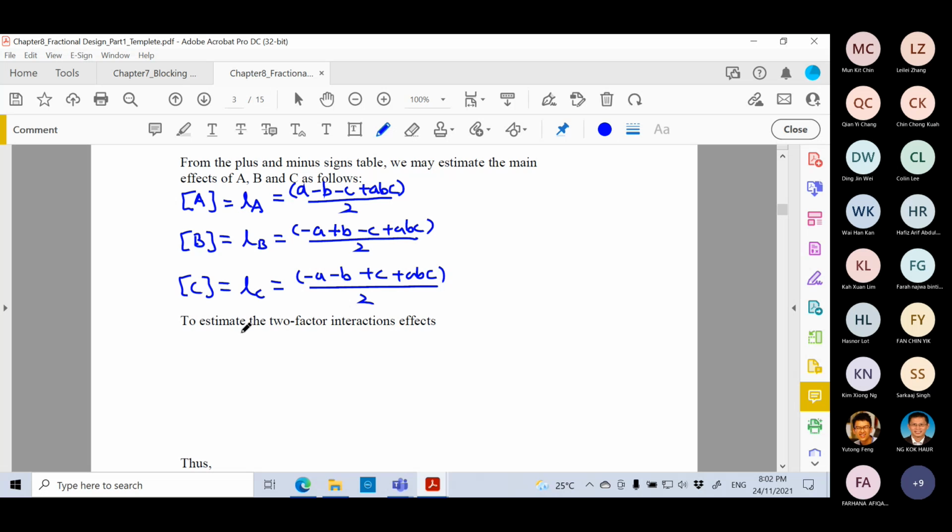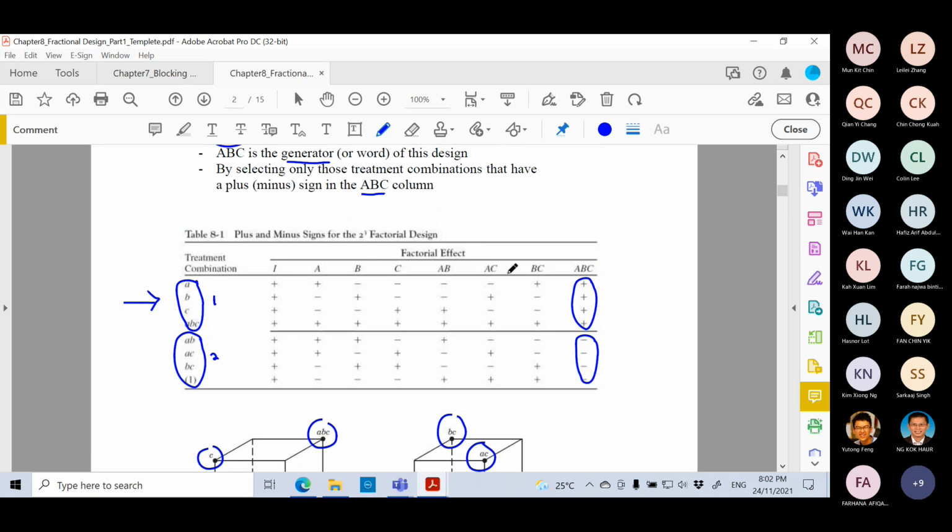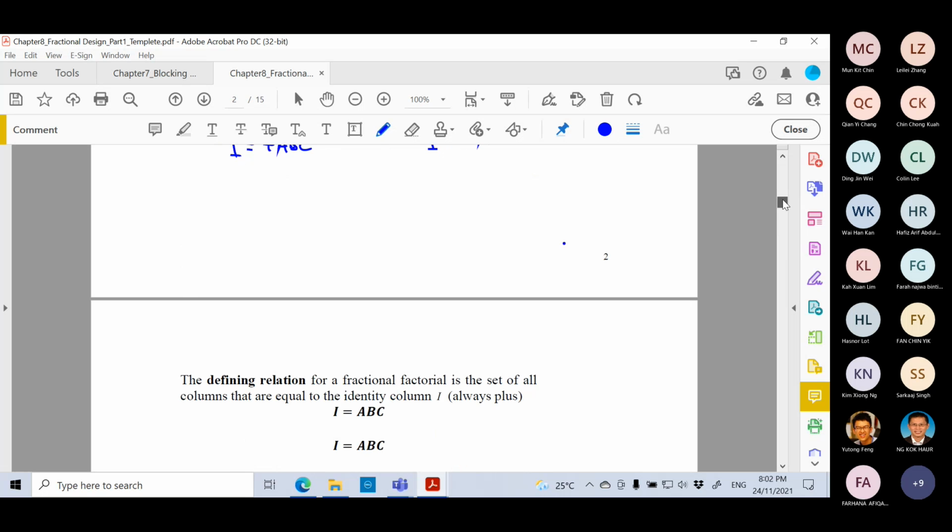So similarly, if you want to estimate the two-factor interaction effect, we can calculate BC from the above here. I just show you here. From the above, for BC here, it's just minus A plus ABC, and the rest of them are minus B minus C. Okay, so I can list it down here.